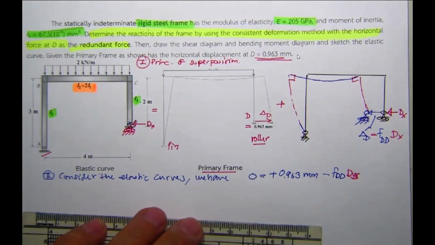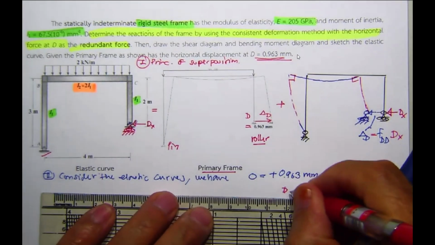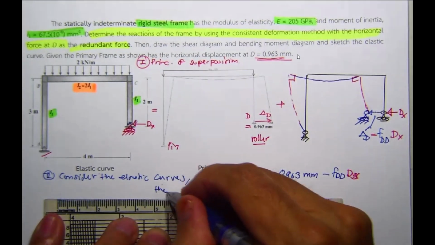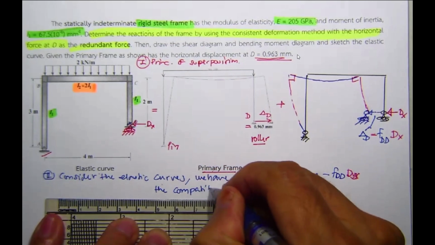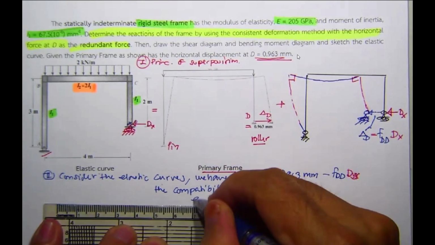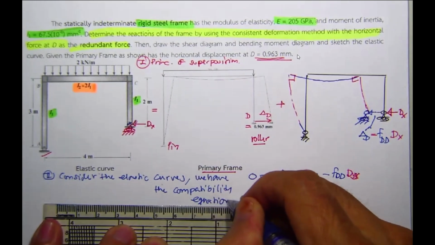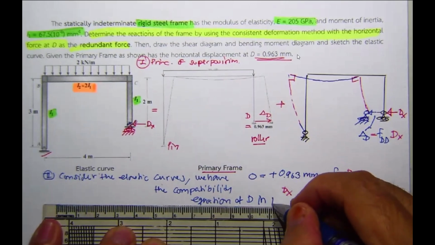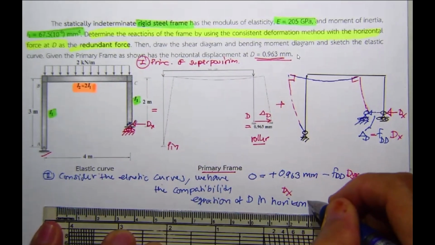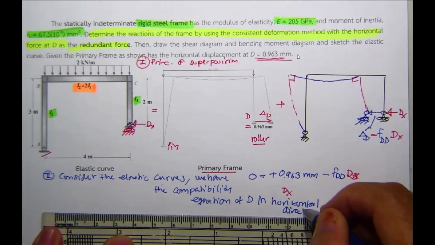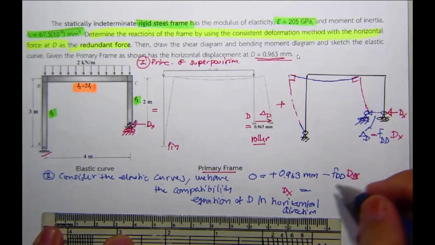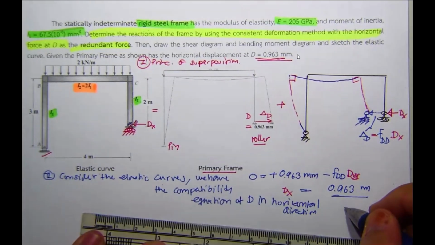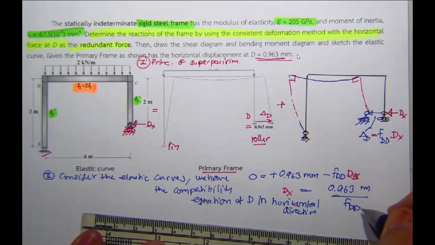This is your compatibility equation in the horizontal direction. D sub x is equal to 0.963 millimeter divided by f sub DD.